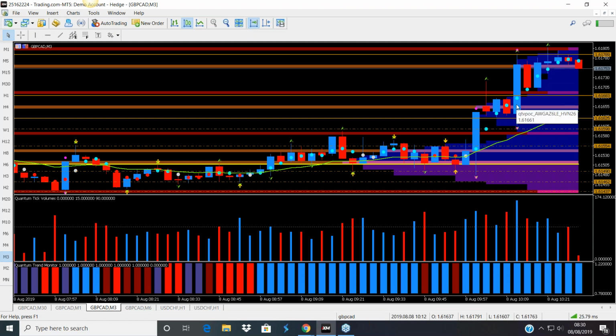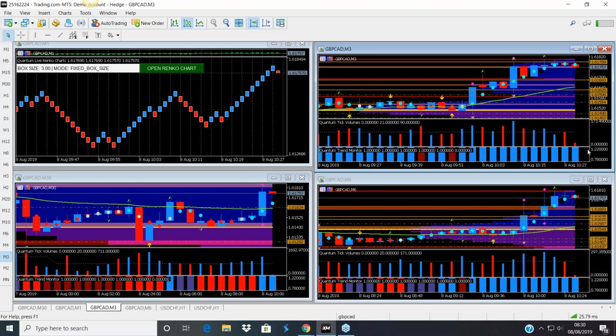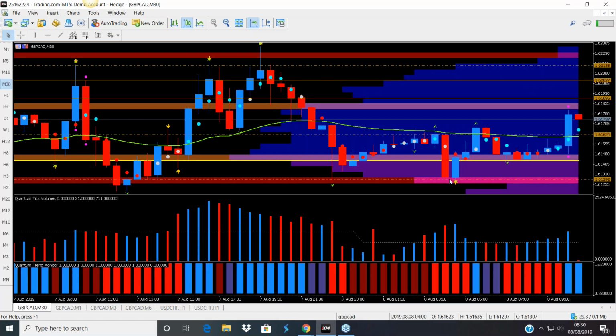This is on the 3-minute chart, and now we're seeing a retrace within the spread of the candle. It was only a short burst, if you like, at the open. You can trade the open if you are aware of the traps that can ensue, by looking at a slower time frame.